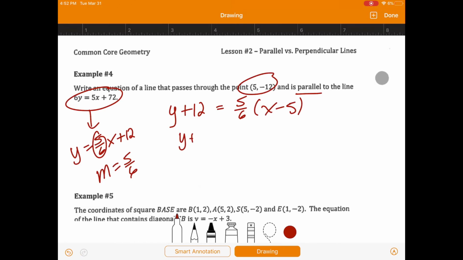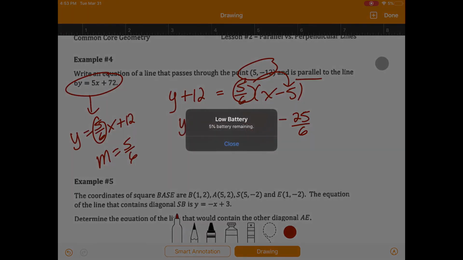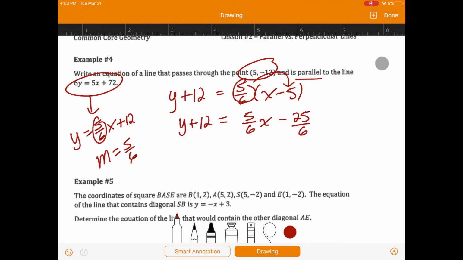So y plus 12 stays on the left, and then you're going to distribute the fraction. So you've got 5 over 6x, and then you're going to multiply the fraction times negative 5, so you're going to have negative 25 over 6. And if you wanted to change that into a decimal, you can, because when you subtract the 12 over, we can just change it to a decimal, and that works fine.